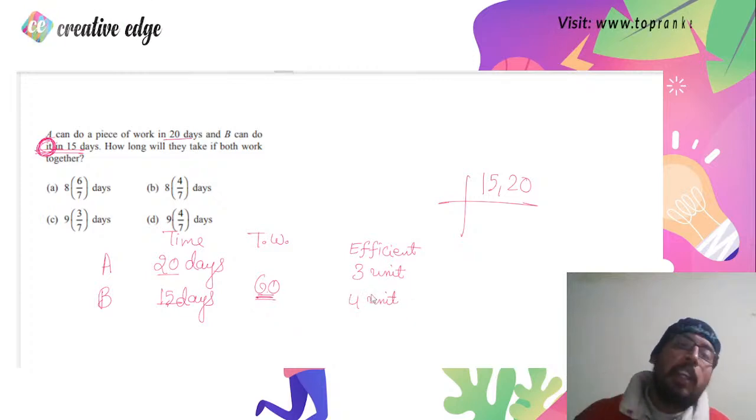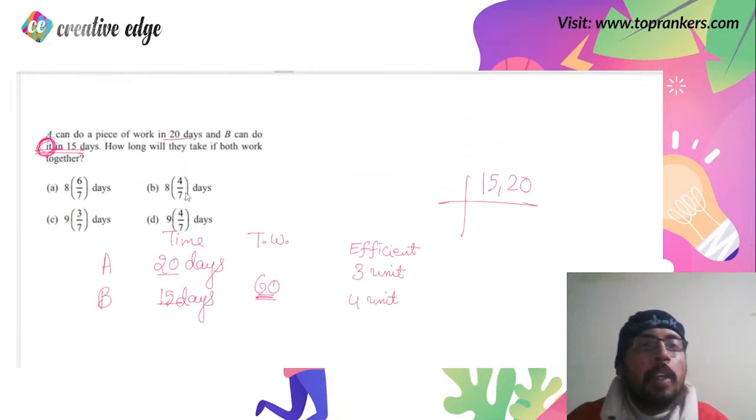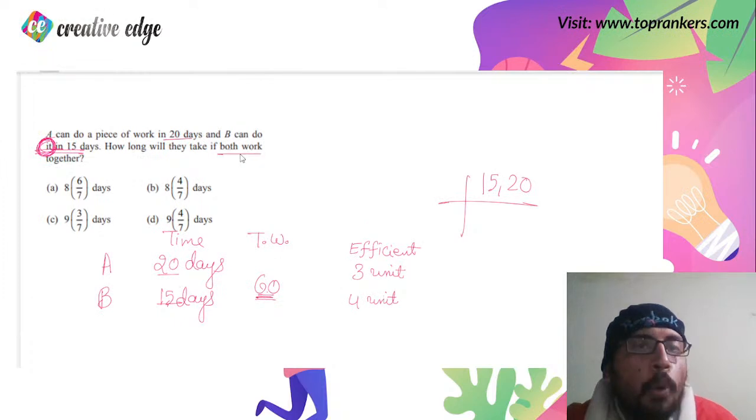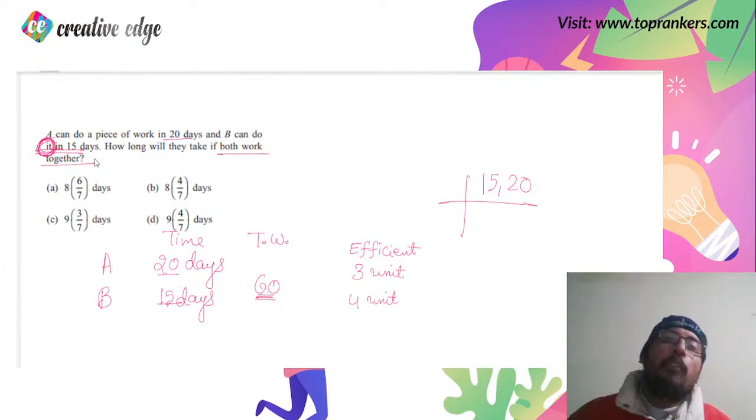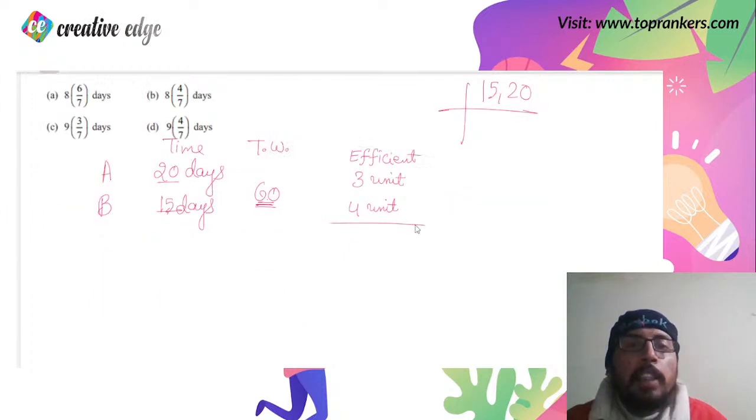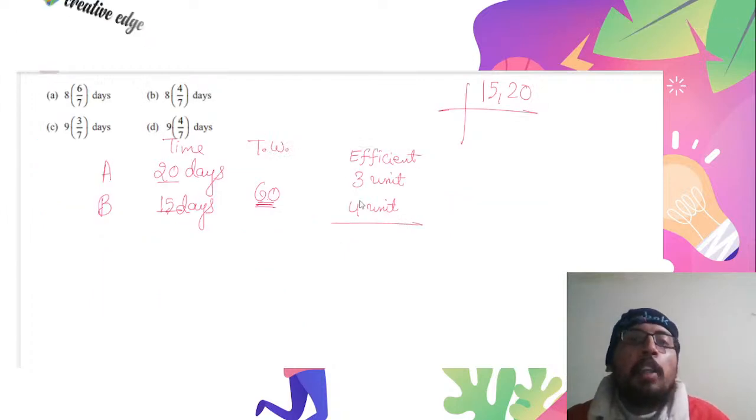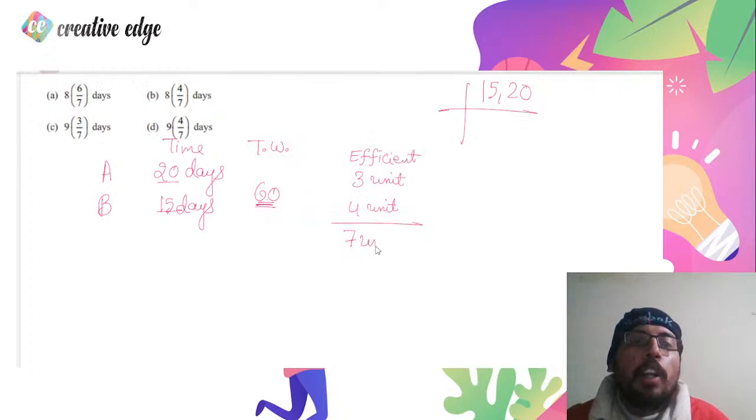What I have been asked is how long they will take if both work together. If they work together, A and B will be doing a total of 7 units of work in a single day.